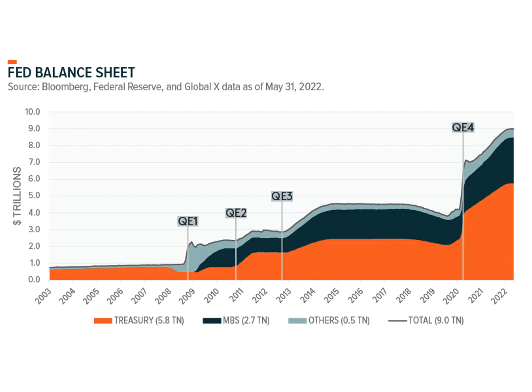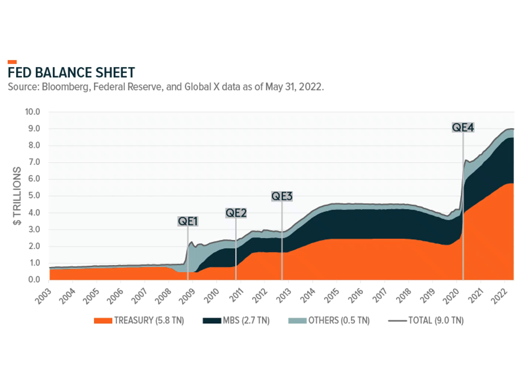This Bloomberg chart from May of 2022 illustrates the impact of quantitative easing on the Fed's balance sheet, where the dark blue represents mortgage-backed securities, the orange represents government debt purchased by the Fed. After 3 rounds of quantitative easing in response to the 2008 financial crisis, the balance sheet of the Federal Reserve expanded from approximately $870 billion to over $4 trillion.